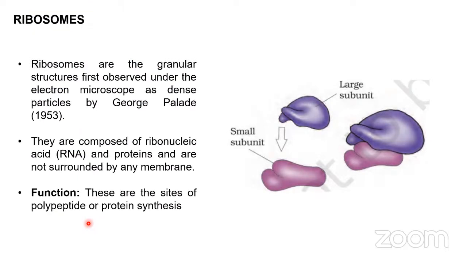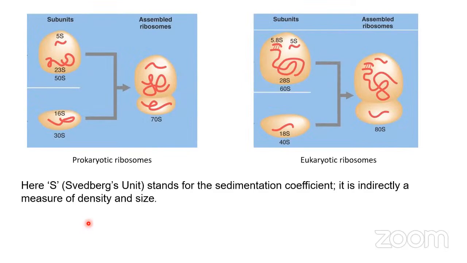We know that in prokaryotes, many ribosomes can attach to a single mRNA and lead to the formation of multiple polypeptide chains simultaneously. This leads to a structure known as the polysome. We studied that in the first class.